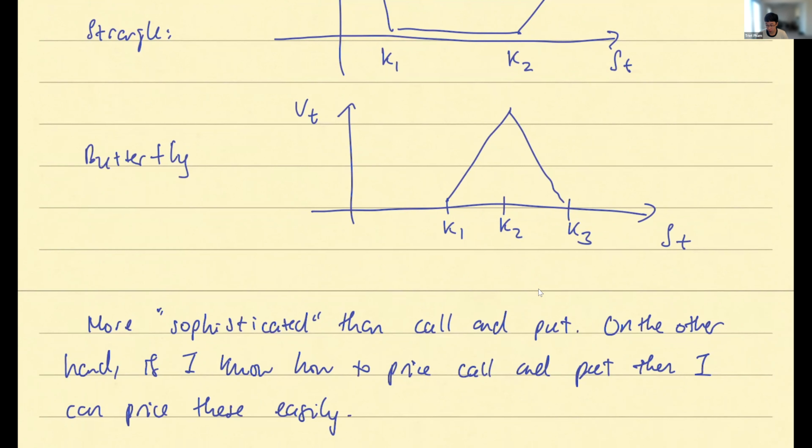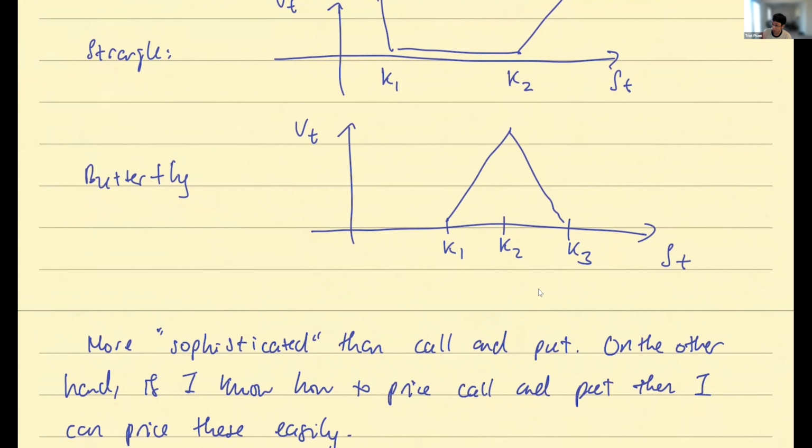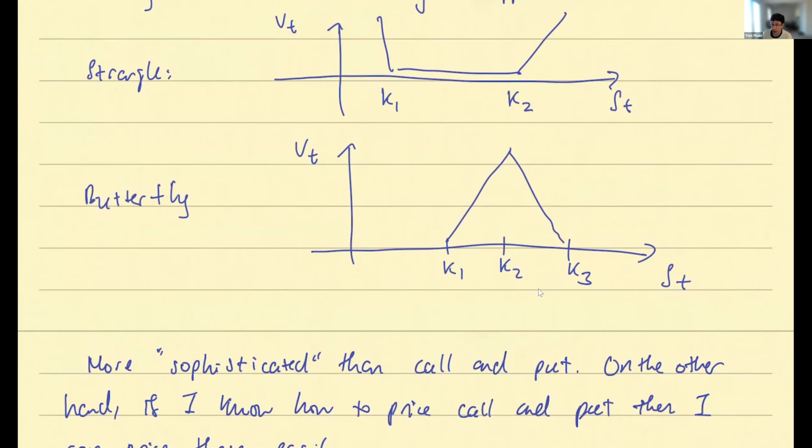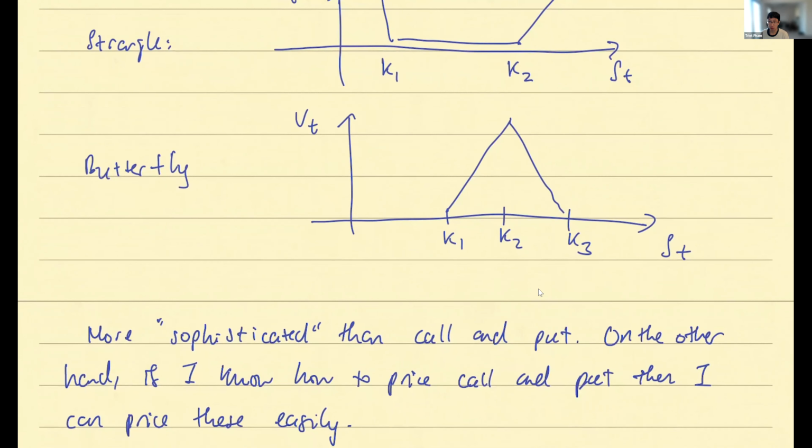I don't have to redo my work to price strangle and butterfly. If I know how to price call and put, then I can price strangle and butterfly very easily. Can anyone tell me why? Why can I price this easily? I don't need any extra work if I know how to price call and put.